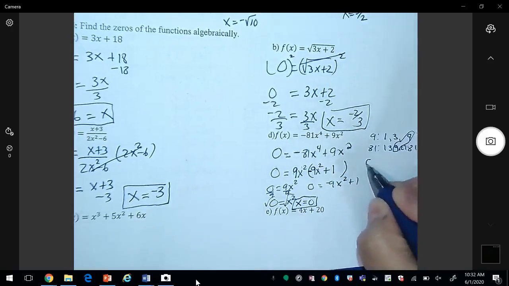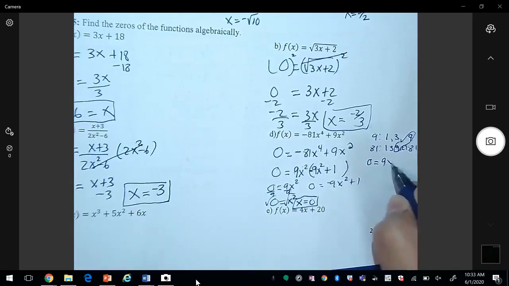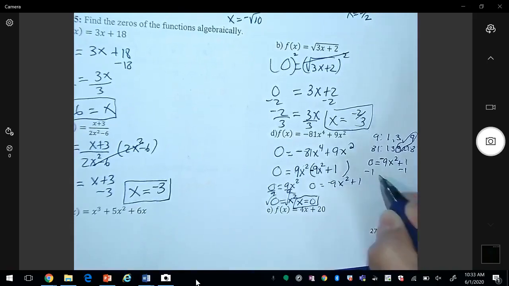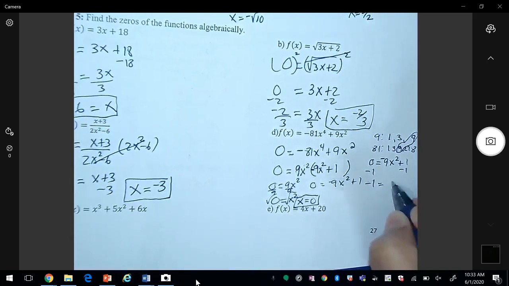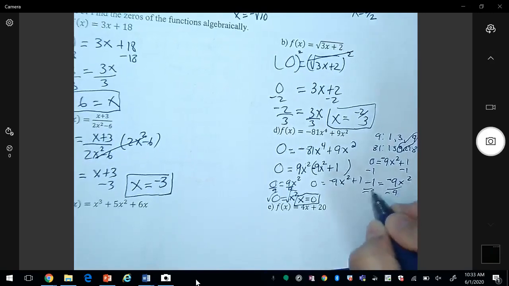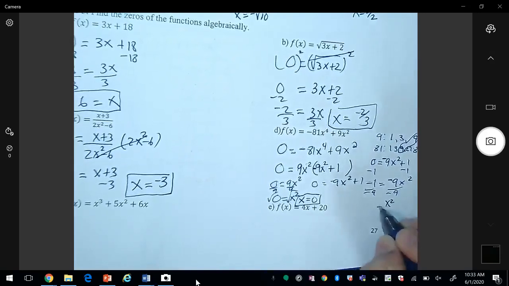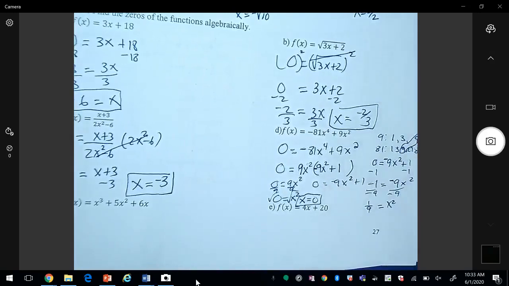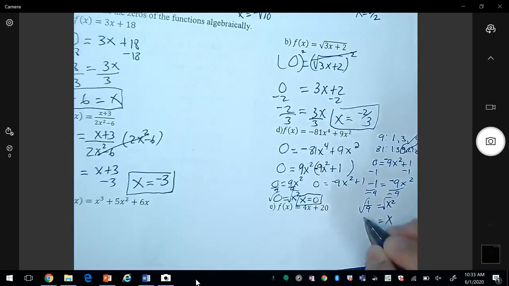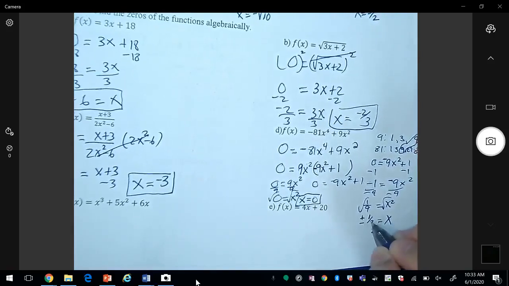And for this one, I'm going to write it over here. If I subtract 1, then I get negative 1 is equal to negative 9x squared. Divide by negative 9. x squared is equal to positive 1/9. Take the square root. So x is equal to plus or minus 1/3.